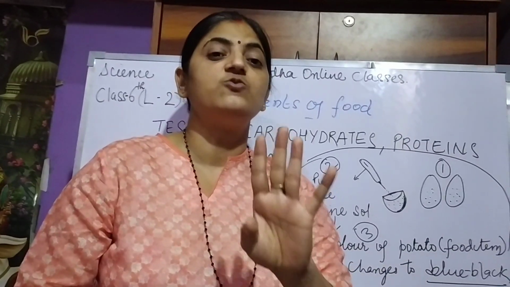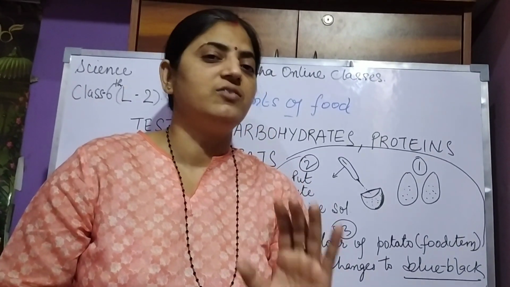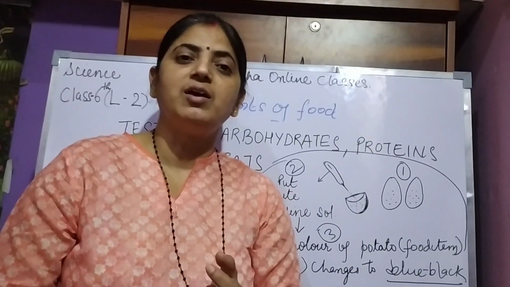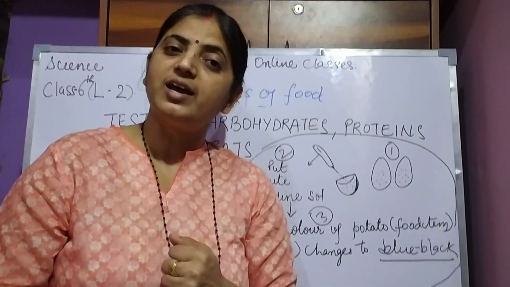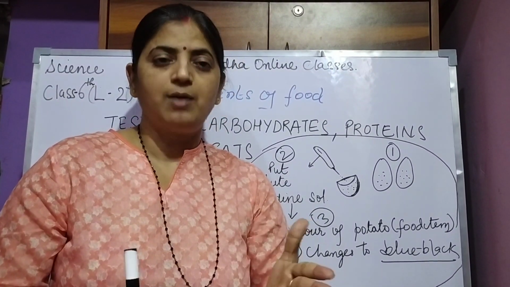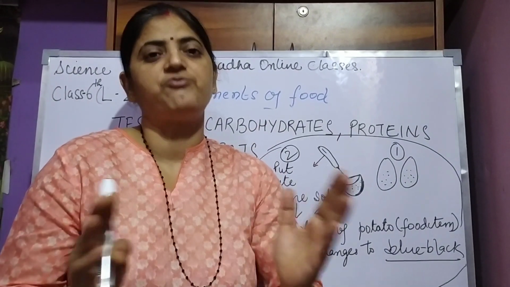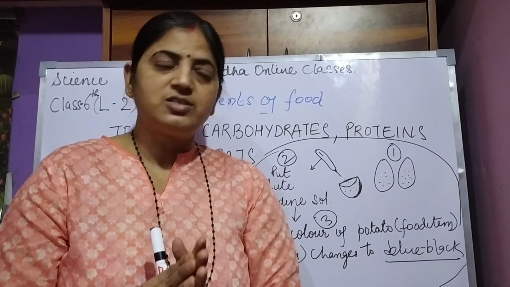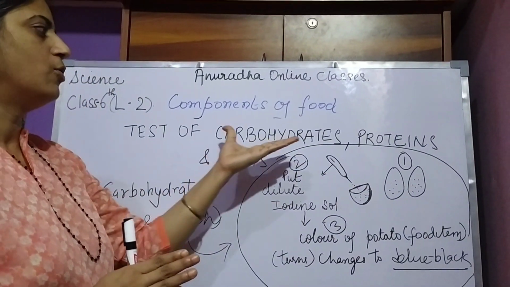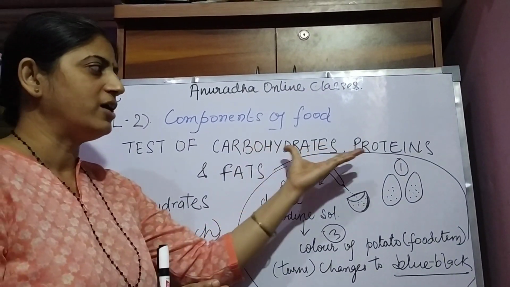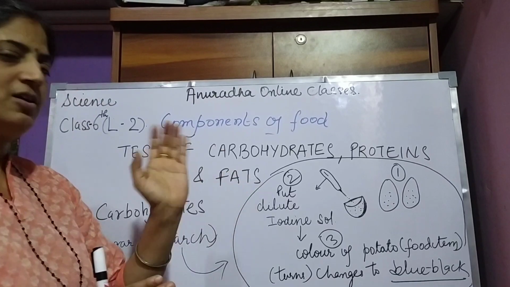These three tests we can do by ourselves. Vitamins and minerals, we are not doing the test, because they are not of one kind, they are of different kinds. But just now we will read about the test of carbohydrates, proteins and fats.